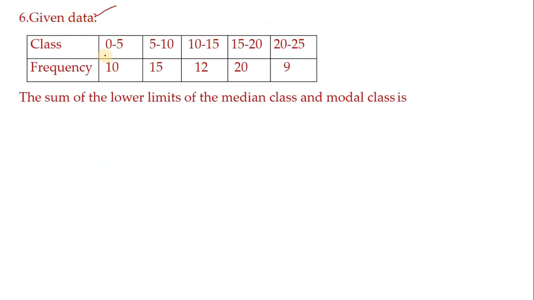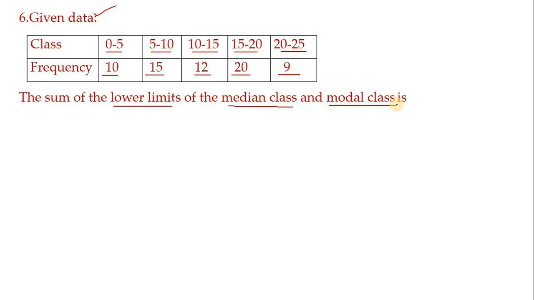Given data: class intervals are 0 to 5, 5 to 10, 10 to 15, 15 to 20, 20 to 25. Frequencies are 10, 15, 12, 29. Now the sum of lower limits of median class and modal class is. Children, understand the problem. Very good question it is.